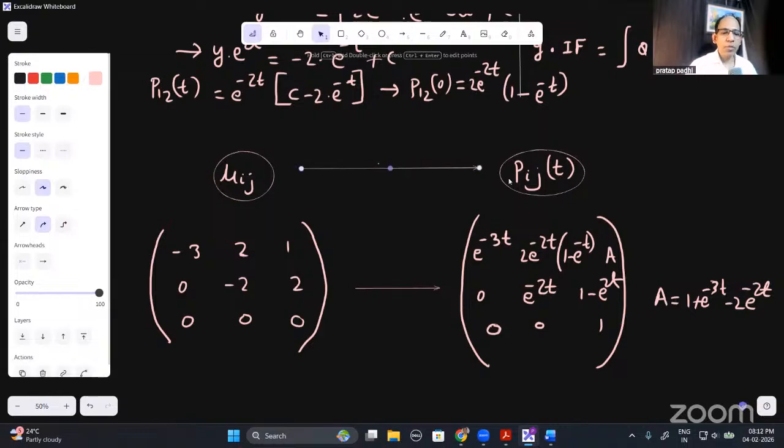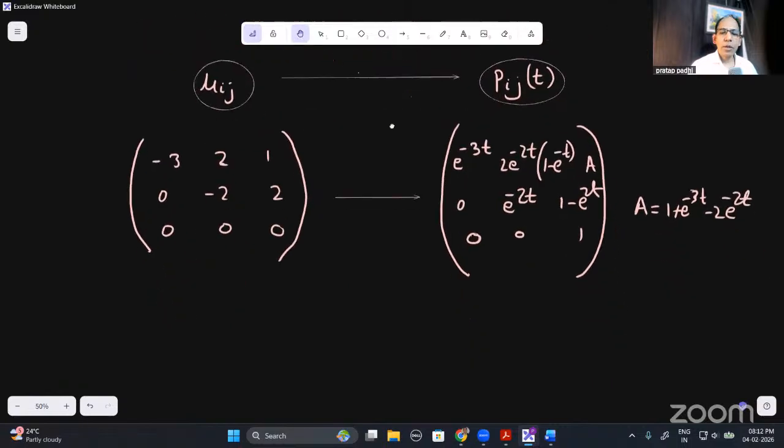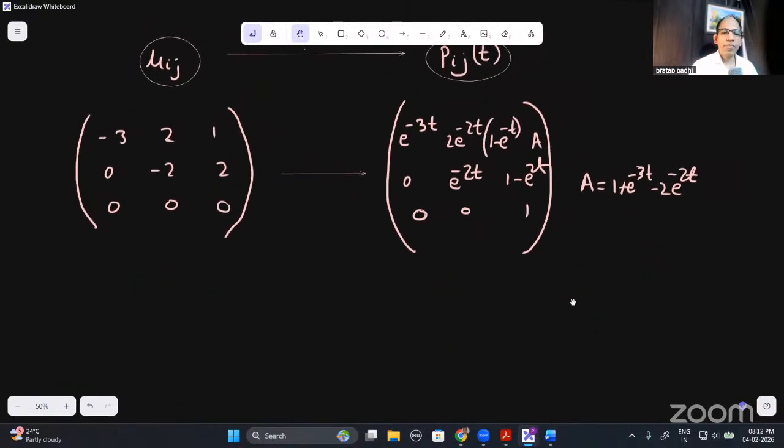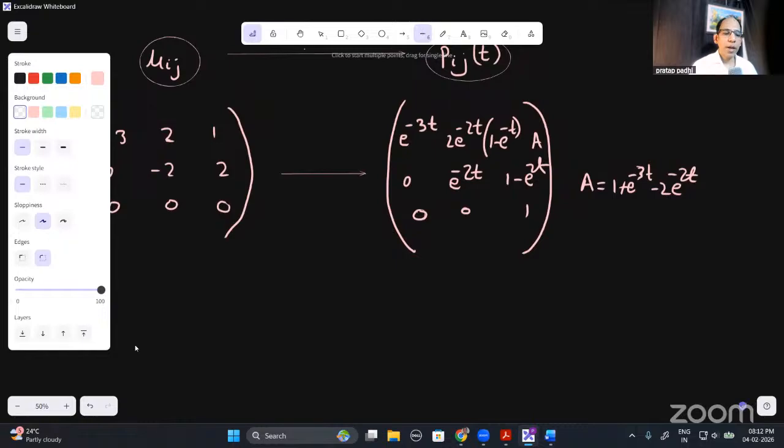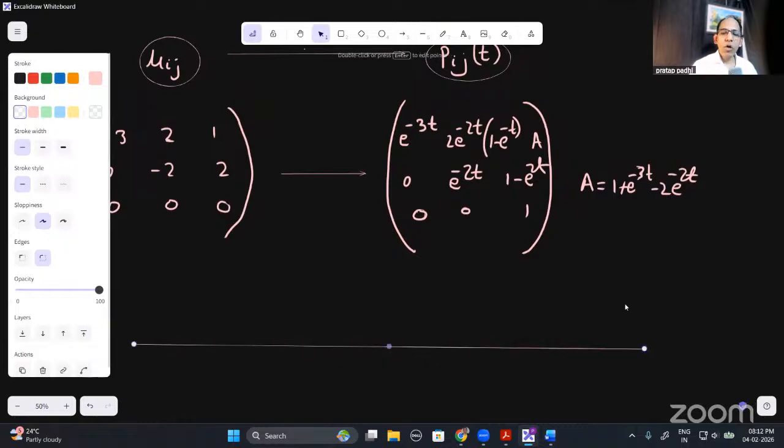Now, what is the meaning of this? Let me draw a timeline. What we got actually: we started with this problem. These were the 3 states.